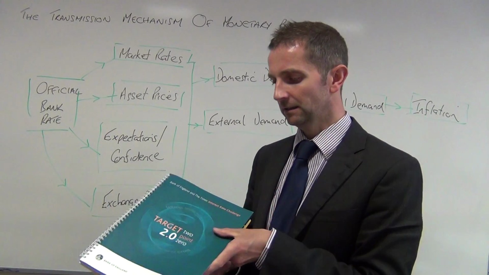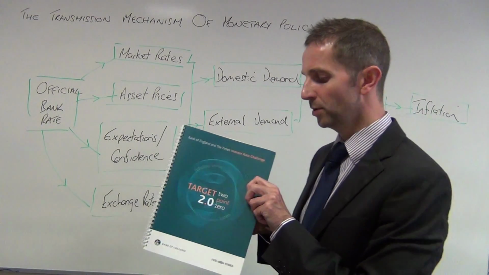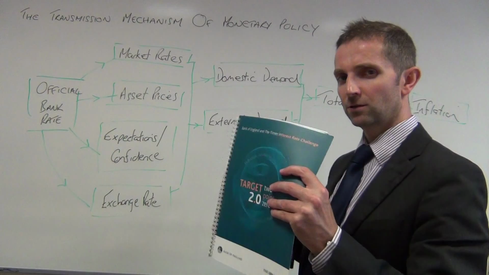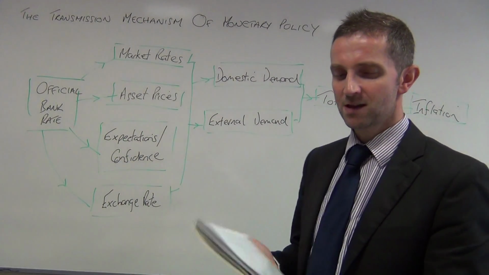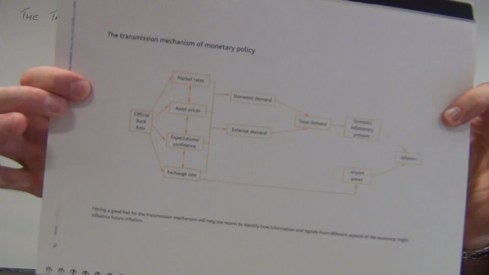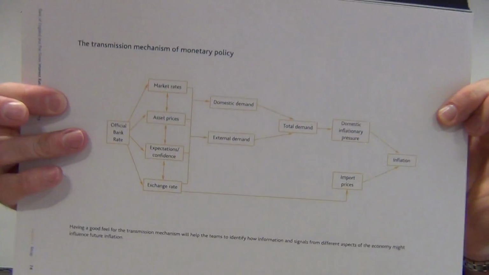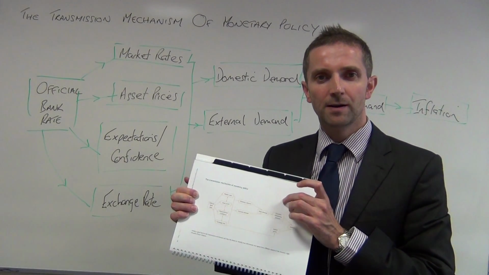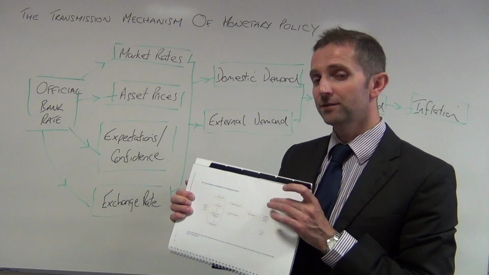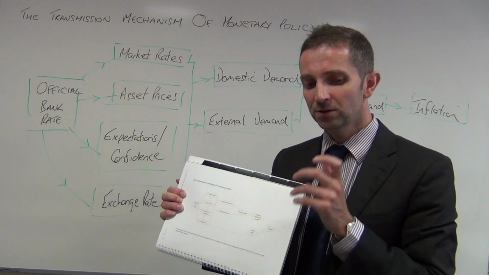It's the Target 2.0 competition. Your teachers will probably have had one of these booklets, and within that booklet the diagram, don't know if you can see that or not, the diagram which is behind me goes through the mechanisms and the mechanics of the transmission mechanism. So that's what I'm going to do today.